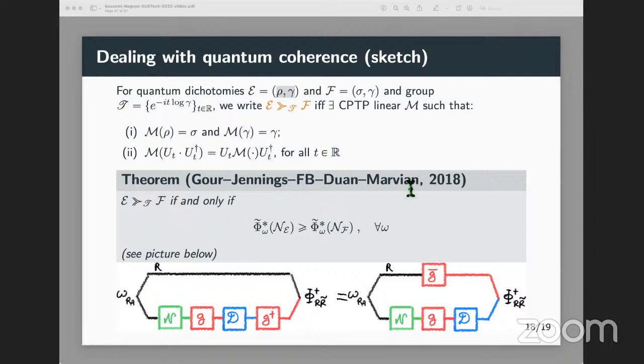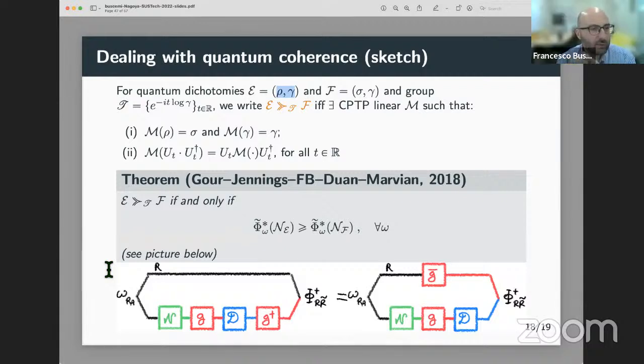I would like to continue the question whether it is equivalent to when you consider the quantum dichotomy. Yes. I changed the epsilon as rho tensor gamma, and the F is written as sigma tensor gamma, and then I don't know. Here, one really considers the two separately.